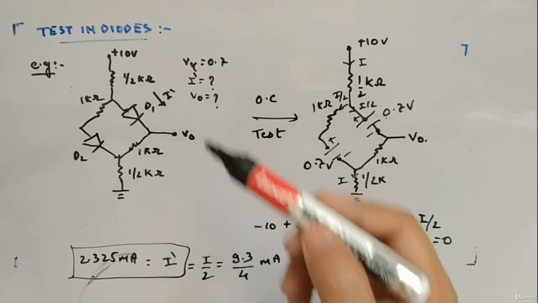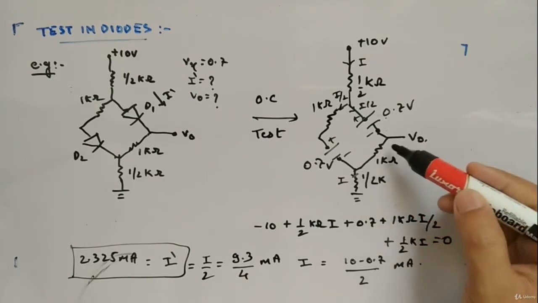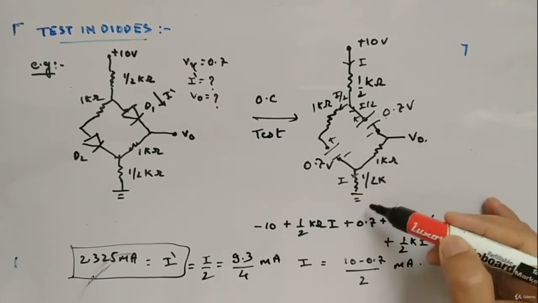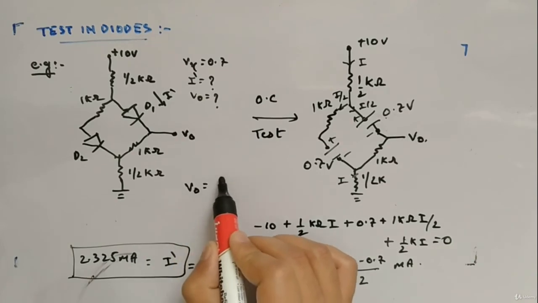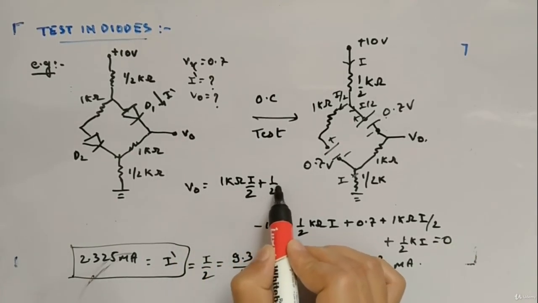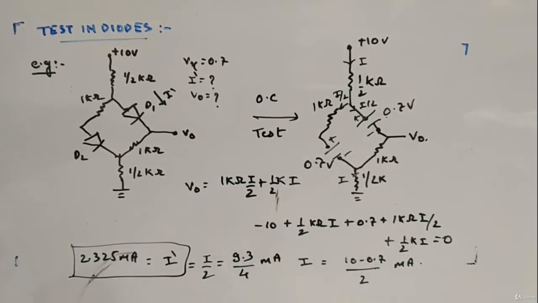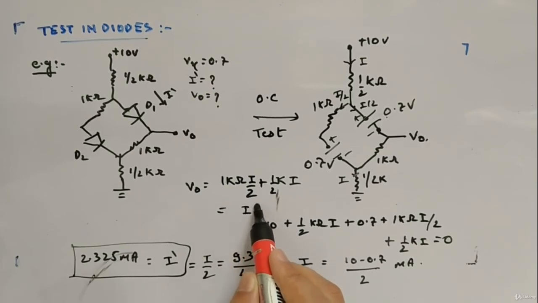And if you want to calculate V0, which is the voltage drop across this branch and this branch, you can have V0 equal to 1 kilo ohm into I by 2 plus half kilo ohm into I, which is I into 1 kilo.